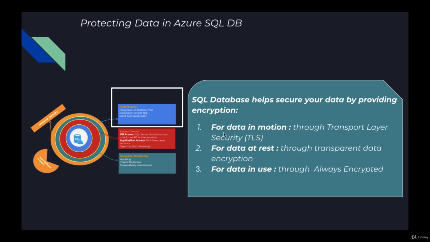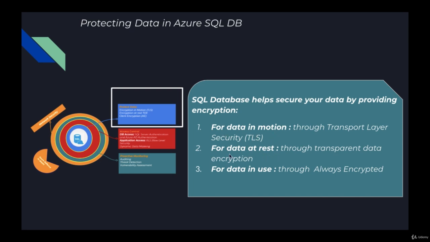Azure SQL DB uses this TLS or SSL to authenticate the servers and clients. Once authenticated, only then it is used to encrypt messages between the trusted parties. So we have this option of using TLS certificates to encrypt the data which is in motion. The data being transferred over the wired network is secured using this option.